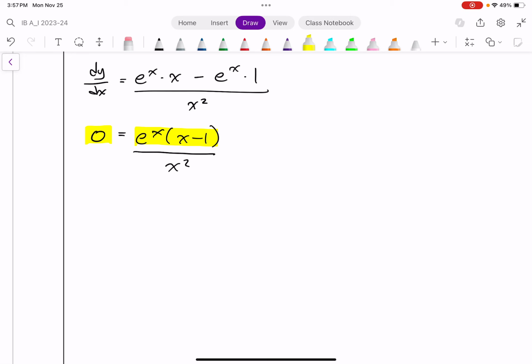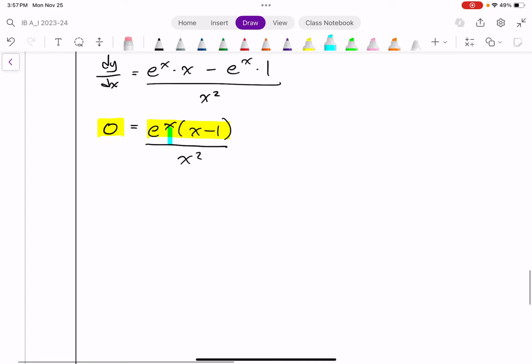Well, e to the power of x will never equal 0. So really, I just need to think about where x minus 1 will equal 0. So therefore, when x equals 1, dy dx equals 0.